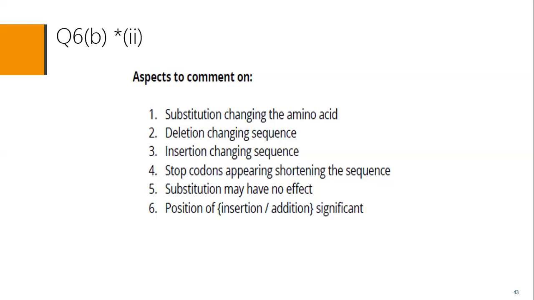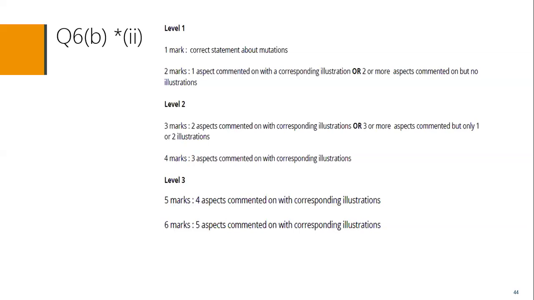Then we get on to the levels. So for level 1, 1 correct statement about mutation. So 1 correct statement, a generic statement about what effect mutations have on the sequence of the DNA. The second one is 1 aspect commented on.